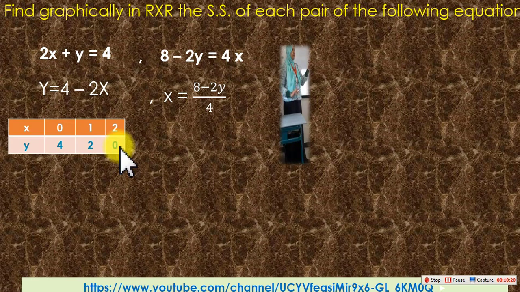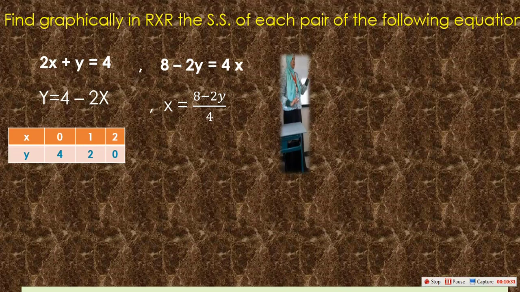So, by giving x values, we calculate the value of y, then we get the ordered pair which represents the solution set of these equations. What about 8 minus 2y equals 4x? We can write this equation as x equals 8 minus 2y all over 4.